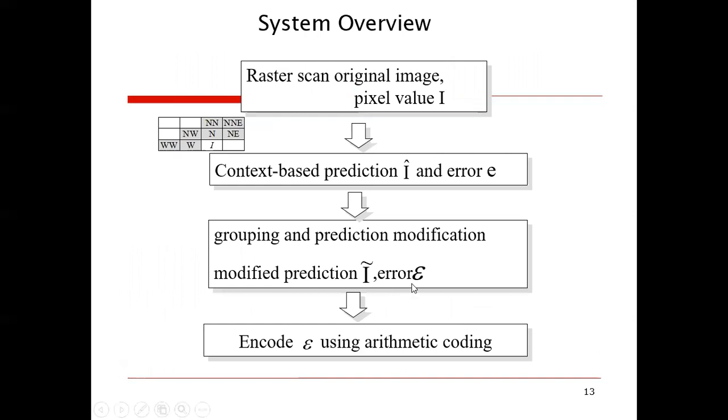What is the modified error? The modified error E is equal to I minus the modified prediction value I bar, because the pixel value is I. This modified error E is used to encode the whole image using arithmetic coding.